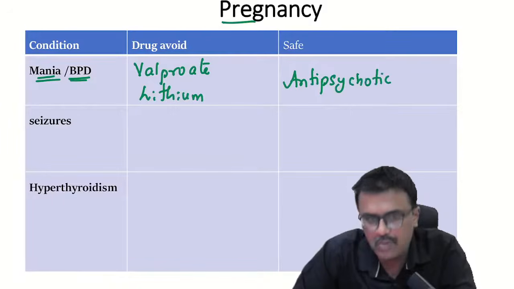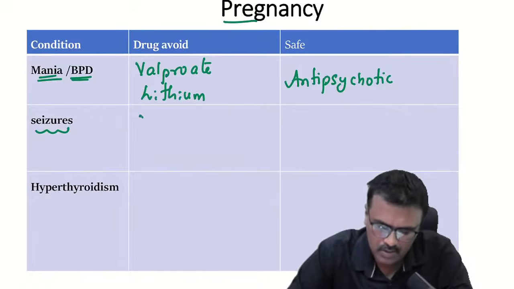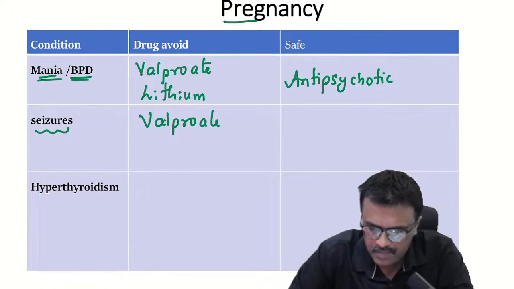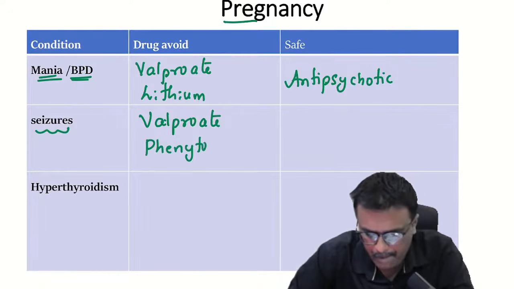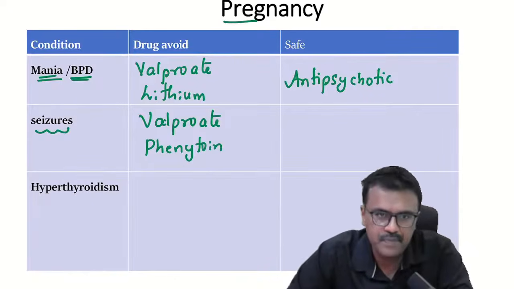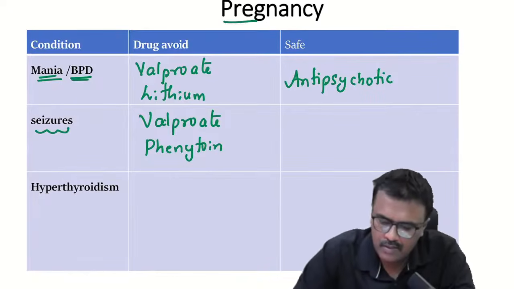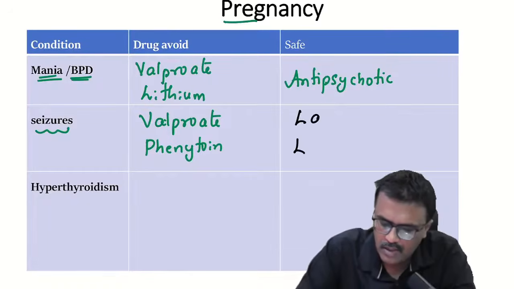So you should know the alternative. Any epilepsy or seizures, particularly avoid valproate and phenytoin. Yes, Lord Rama, you are right. Then what is the alternative safer one in pregnant women with seizure? LL. What is LL?